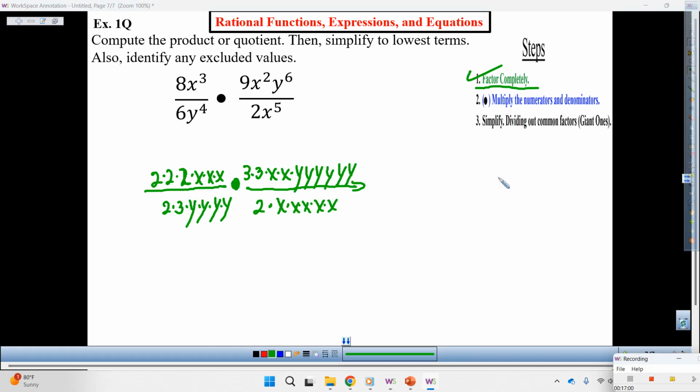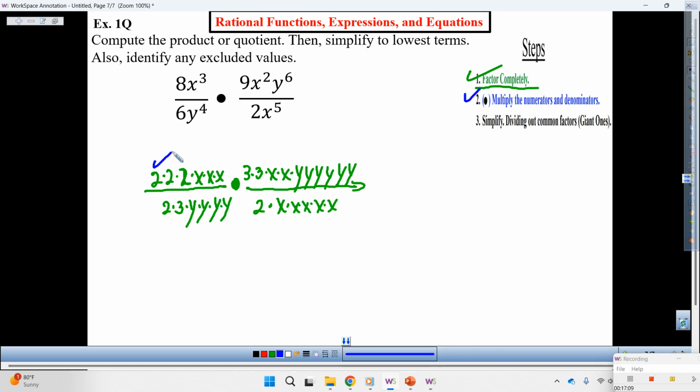All right. So, step 1, we needed to factor everything. There it is. Everything's factored. Step 2, multiply numerator times numerator, denominators times denominator. So let's go to step 2. I'm going to do that in blue. So check this out. Basically, I rewrite them as one numerator.